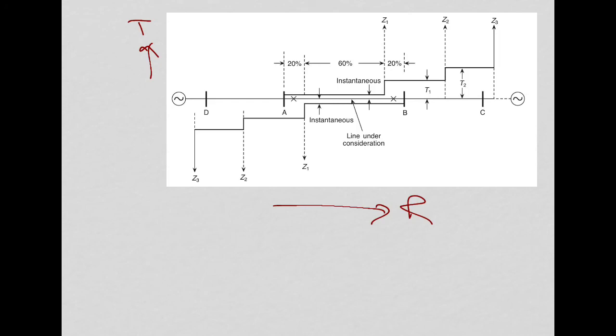Then the tripping from the remote end need not wait till the time t1 of the second step. What information do we have to convey?